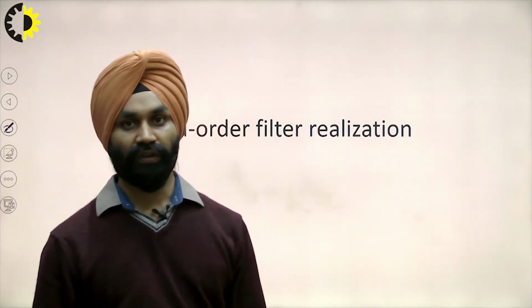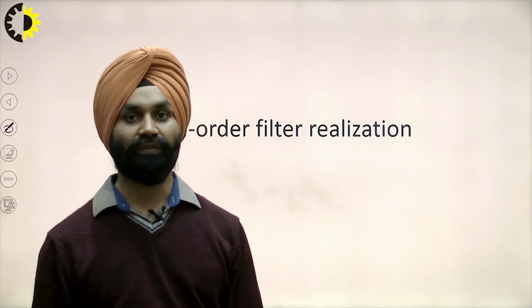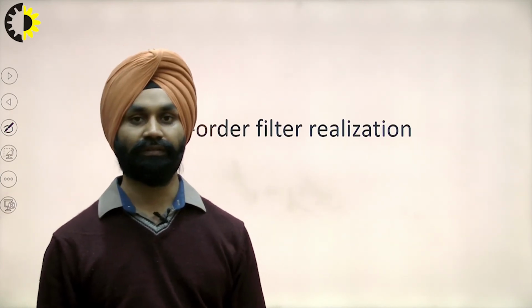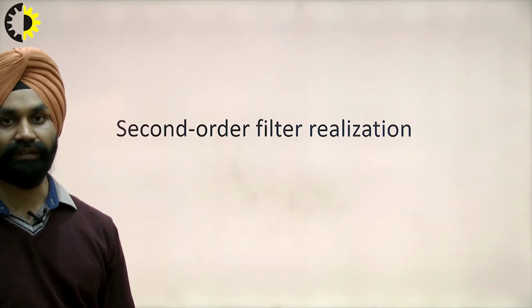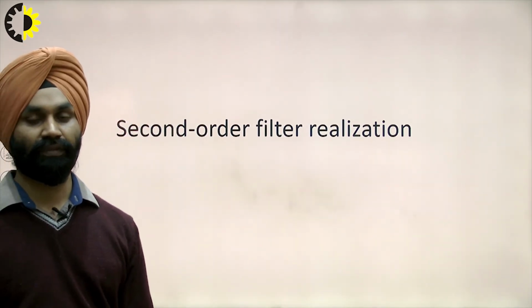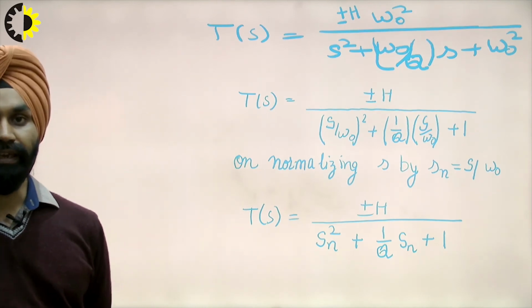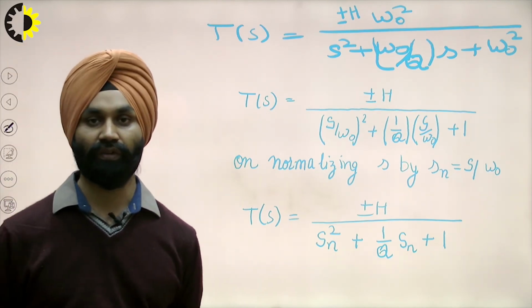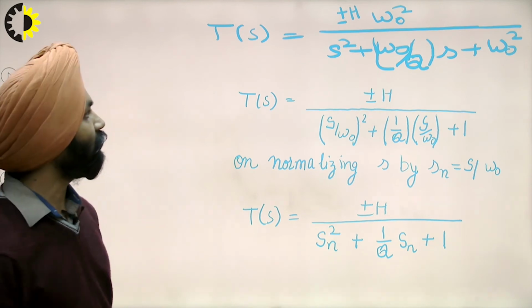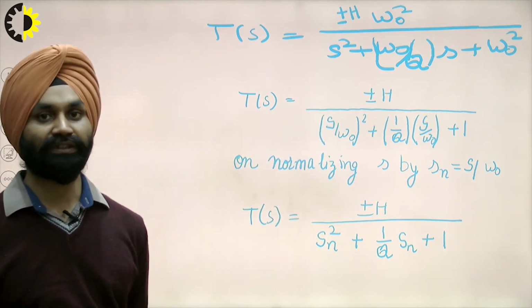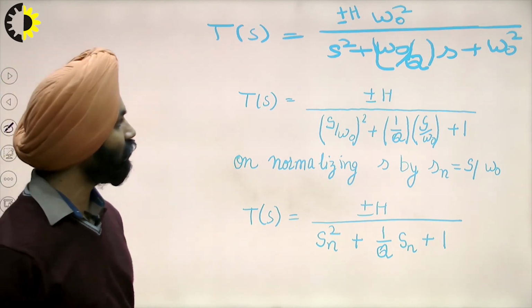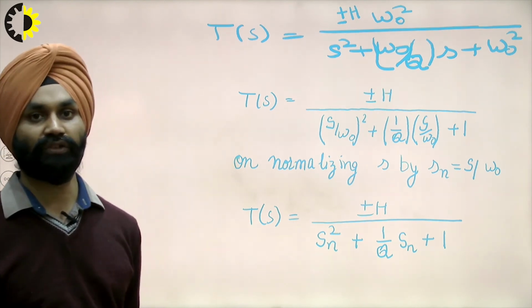So, next is the realization of the second order filters. How can we realize these active filters in the second order? For that, let us suppose again that the equation of a transfer function is given by omega naught upon s square plus omega naught by Q s plus omega naught square.